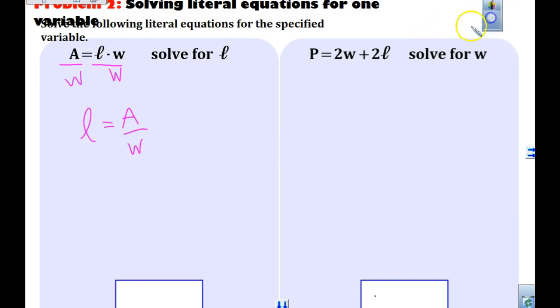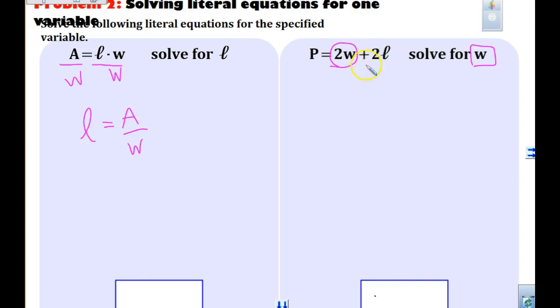So let's go to this next one. We're trying to solve for W. This is kind of like our solving for y today. Logan, I want to get the 2W first all by itself. What do you have to do to get rid of what's up? Well, I could, except I want this 2W here with nothing else added to it.